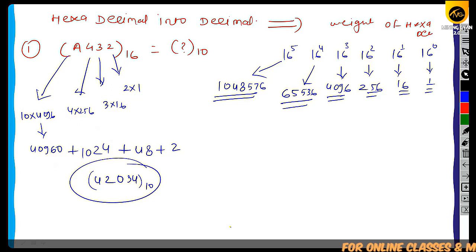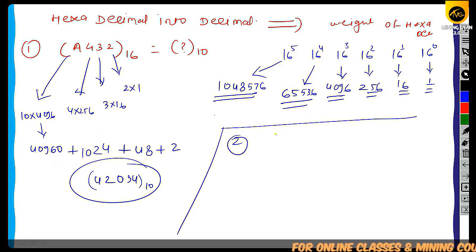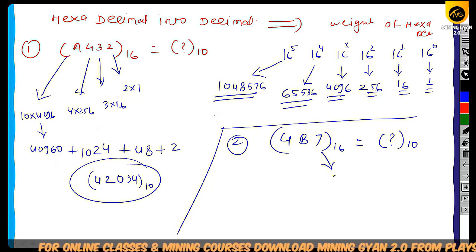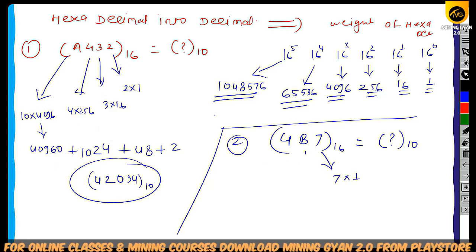Okay, now suppose there is another number, 4B7, which is in base 16. So the number will be 7 into 1. Always remember, A is 10, so B will be 11. So 16 into 11.